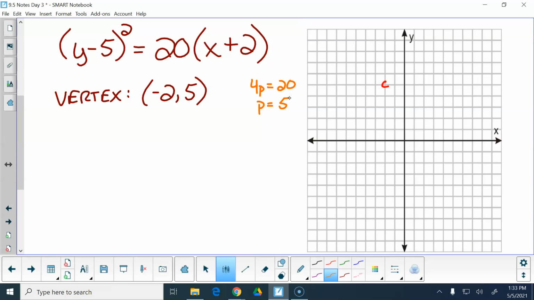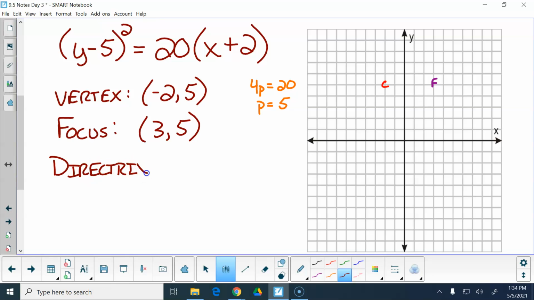Since it's positive 20, I'm going to get the focus first, there's only one. Focus is 5 to the right, because the right is the positive direction. 2, 3, 4, 5. So there is my focus. That is the point 3, comma 5. 5 to the left, then, is going to give me my directrix. X equals negative 7.